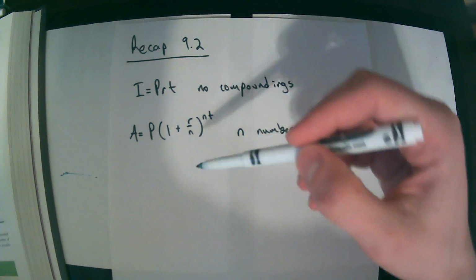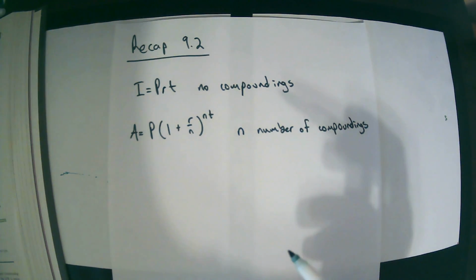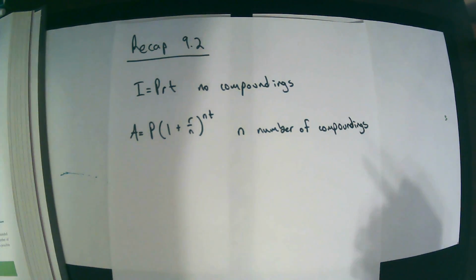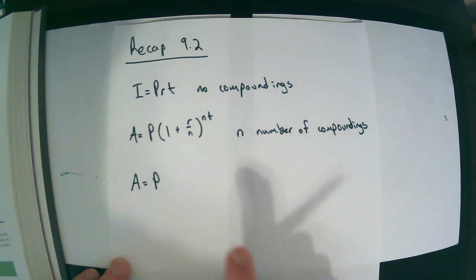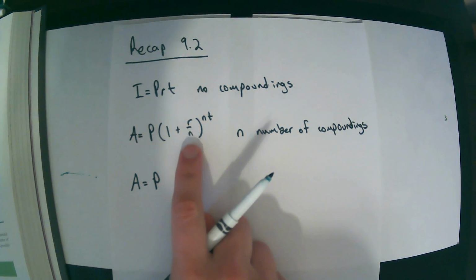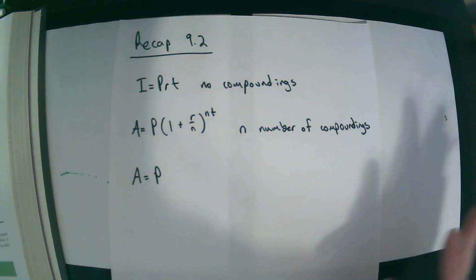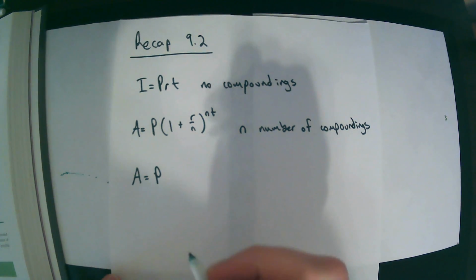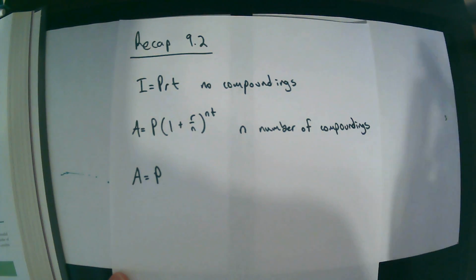So the idea with this formula is the more you compound, the more money you should be earning, right? That makes sense, hopefully. But there is a limit to that. So that's where this next formula comes from. If we take our compoundings and let them approach infinity, in other words, compound the interest earned on the account not just daily, but every second of every minute, of every hour, of every day of the year, just continuously, even every half second, every millisecond, it doesn't approach an infinite amount of money like you think it would.